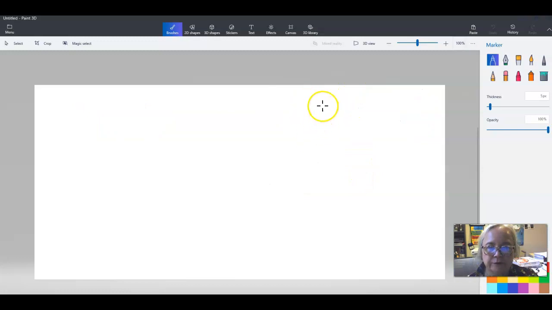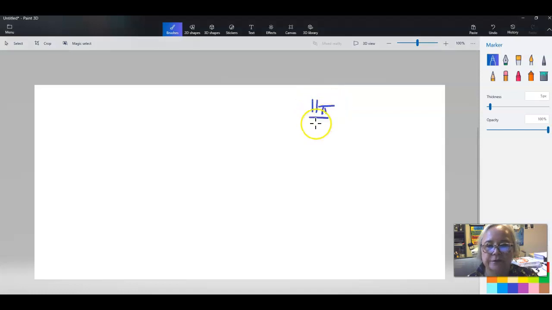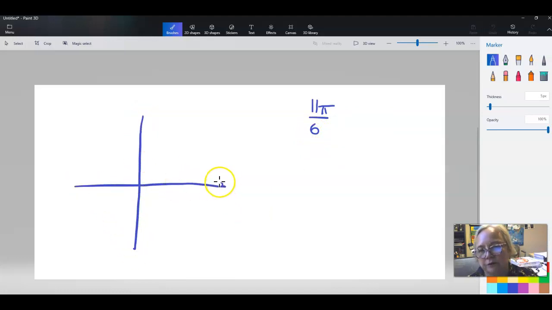So let's look at the terminal side of the angle 11 pi over 6, and notice that it's related to the angle pi over 6. If we had 12 pi over 6, it would be 2 pi, which is a whole revolution.